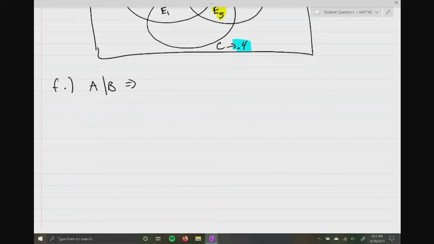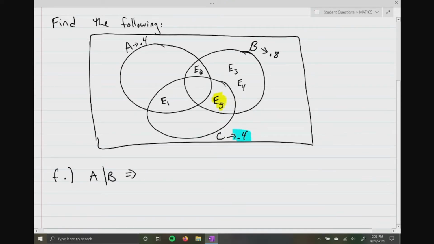All right, I'm back. So here's F, and F is A given that B has occurred. So we have to look at A and B, okay? So in this situation, the only event that we're going to have is E2. That's it, okay? So let's think about how this actually came about.